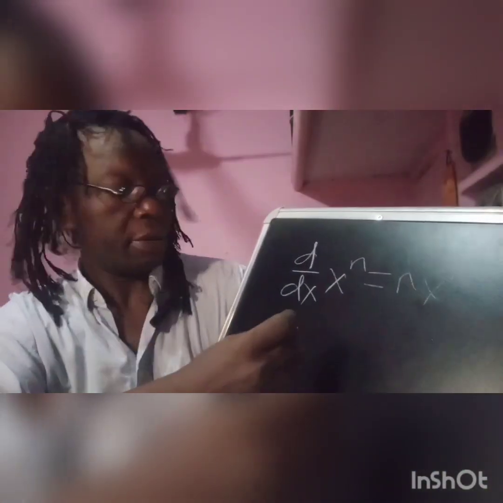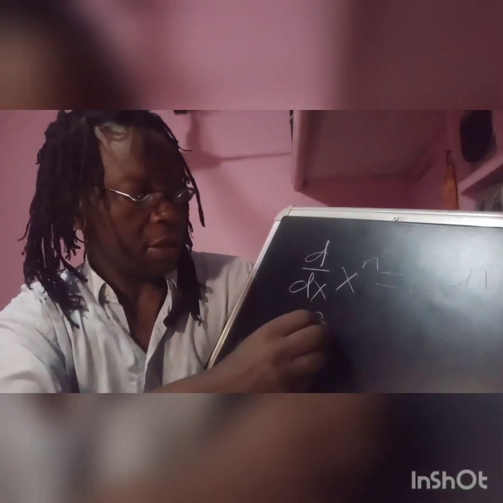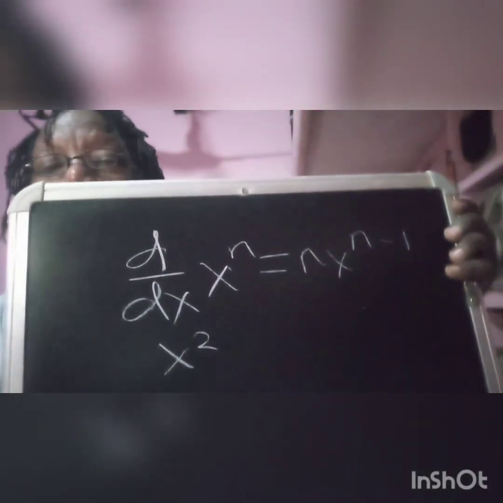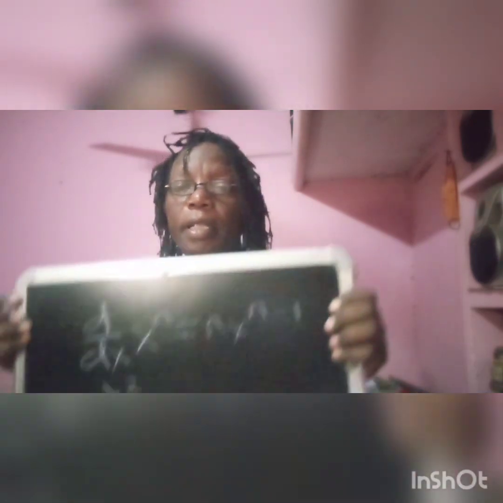For example, x squared, right? So let me write it down. x squared. So x is a variable, squared is the exponent. Let's see how it works. We're going to have d over dx.